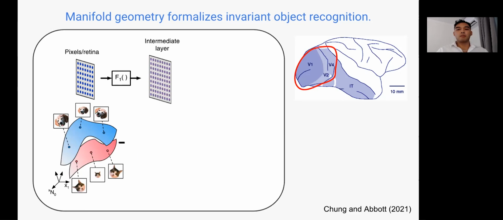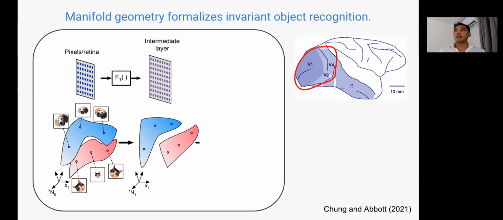What manifold geometry says for neuroscience is that as information gets transmitted through the visual system, the firing patterns of the neurons encode the data in such a way that it untangles these manifolds as you go down the visual stream.